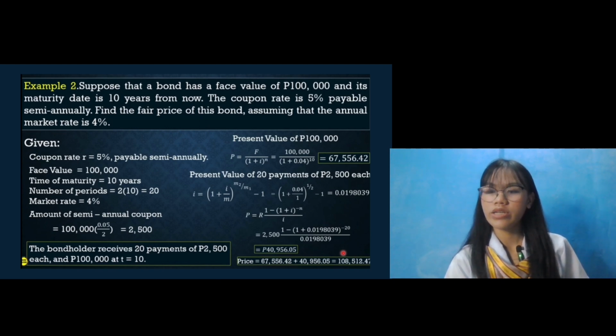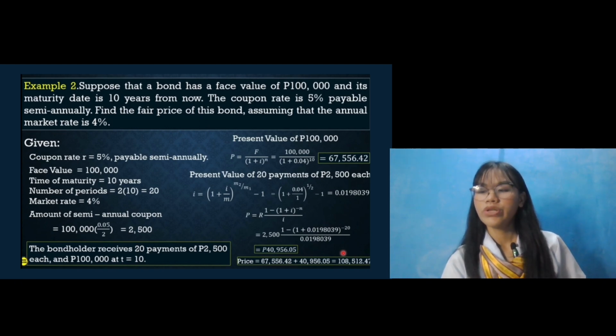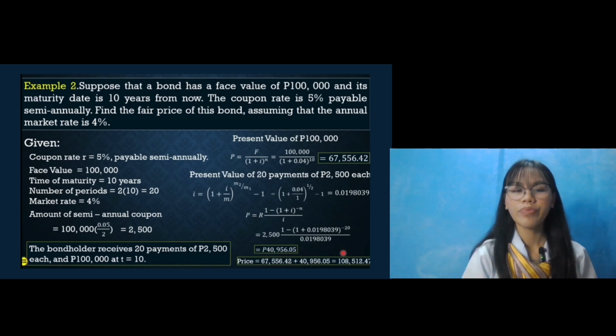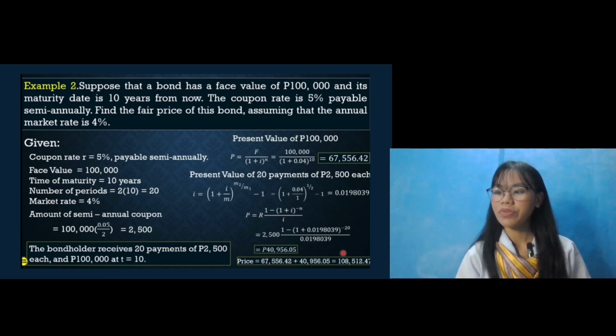So I is equals to 1 plus I all over m1 raised to the power of m2 over m1 minus 1. I know that we've already encountered this from our last week topic.